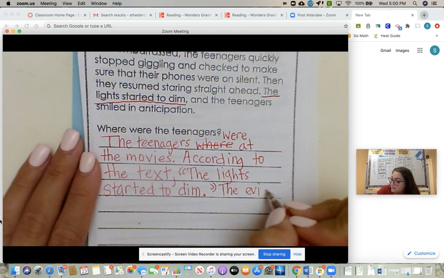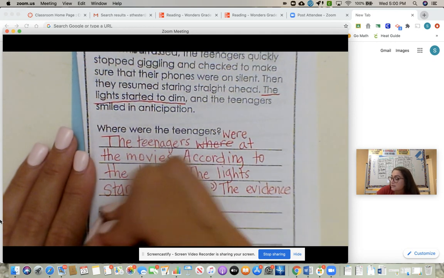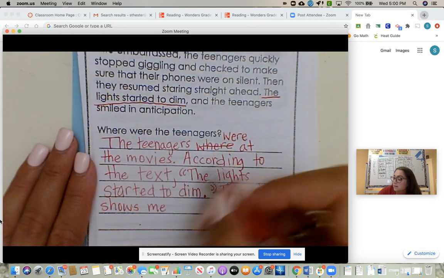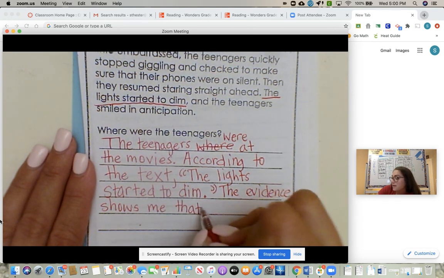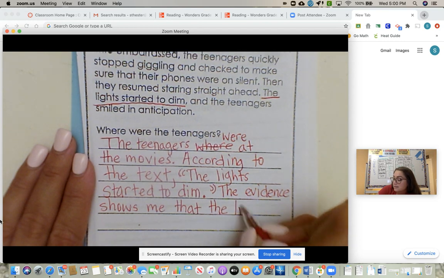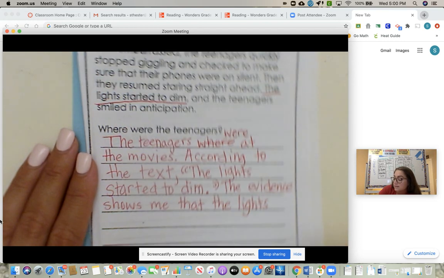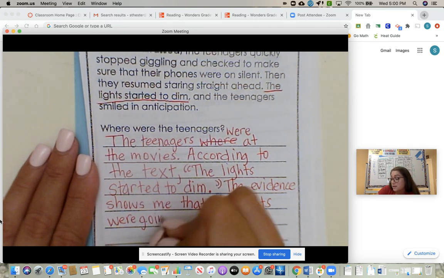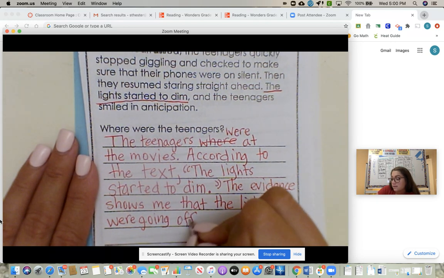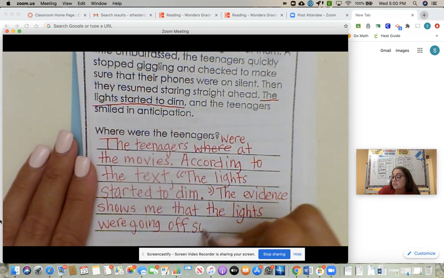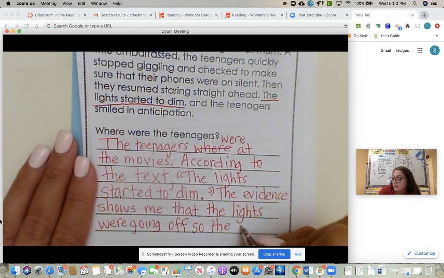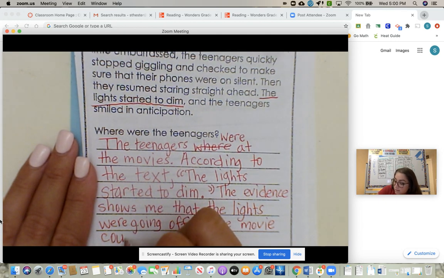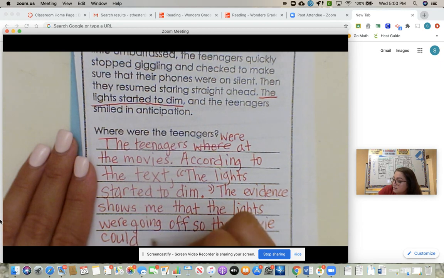The evidence shows me that the lights were going off, so the movie could start.